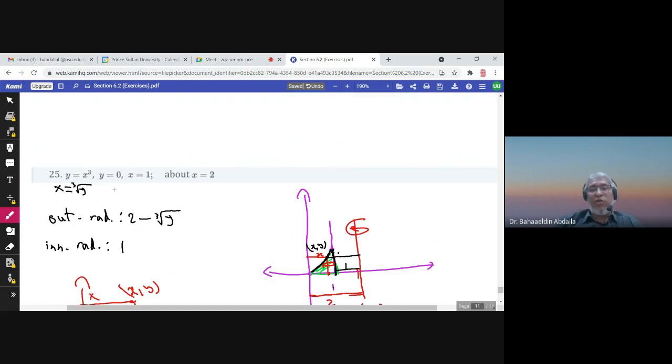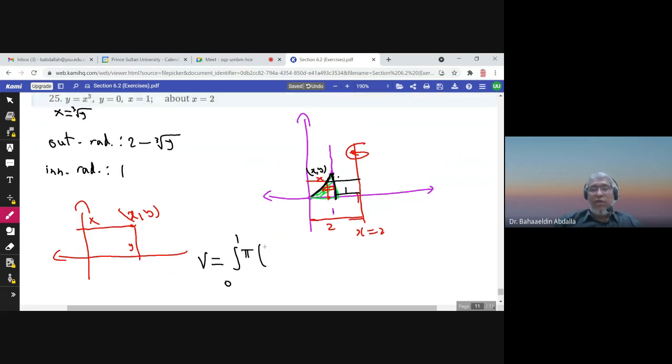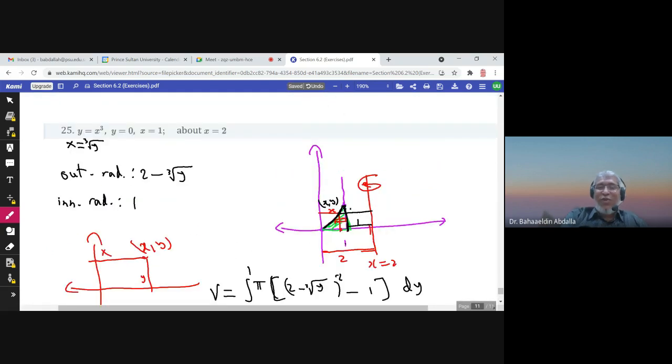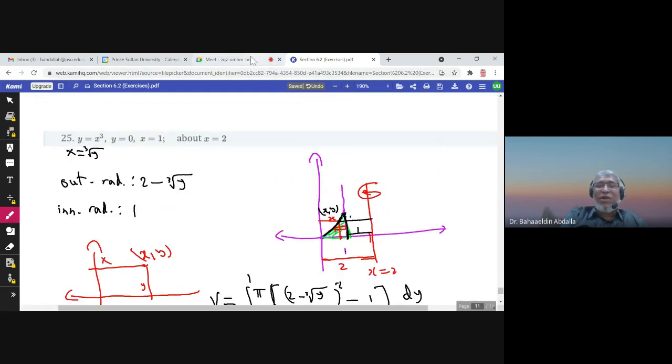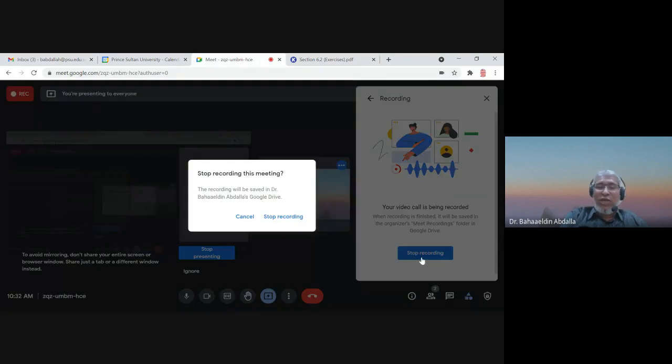When x is 1, y is 1. So from 0 to 1 of pi times the outer radius, 2 minus cube root of y. Remember, we are rotating about the line x equals 2. Minus 1, squared, dy. I hope this was interesting for you, and I hope you understand now everything related to volume by disk and washer. Thank you very much.